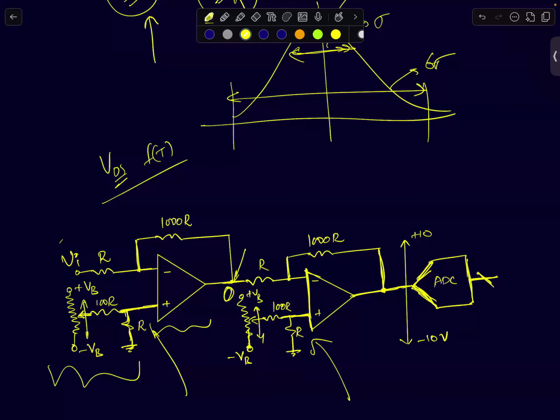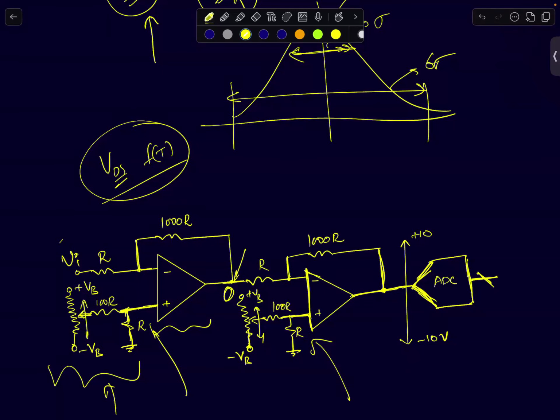Therefore, even though you did offset nulling at some nominal temperature, room temperature, if it turns out that the circuit's temperature is prone to variations, it might happen in very high current applications, then you have to worry about the temperature drifts as well. So then you will have to think of ways of canceling offsets, even in the presence of temperature drifts.